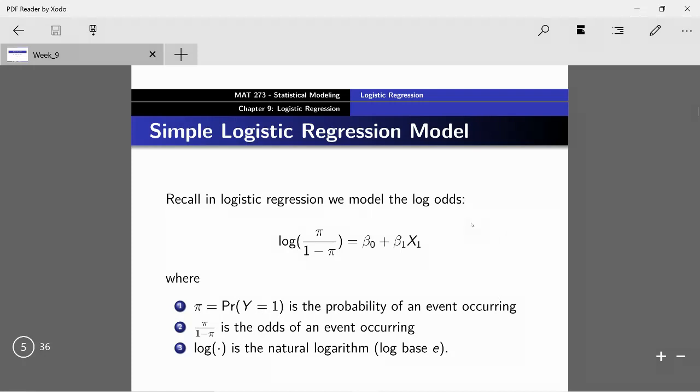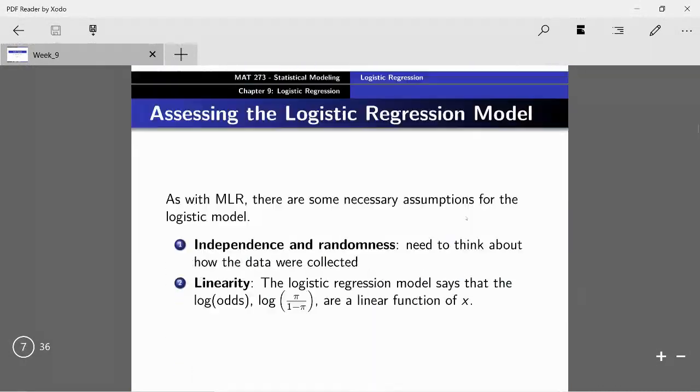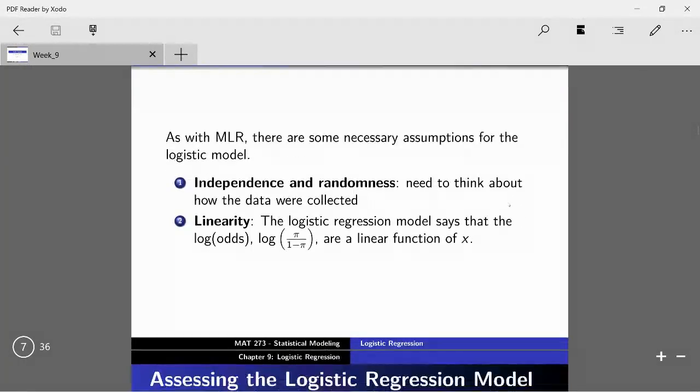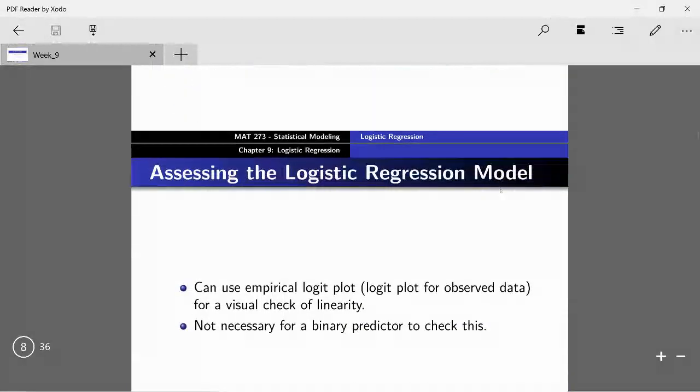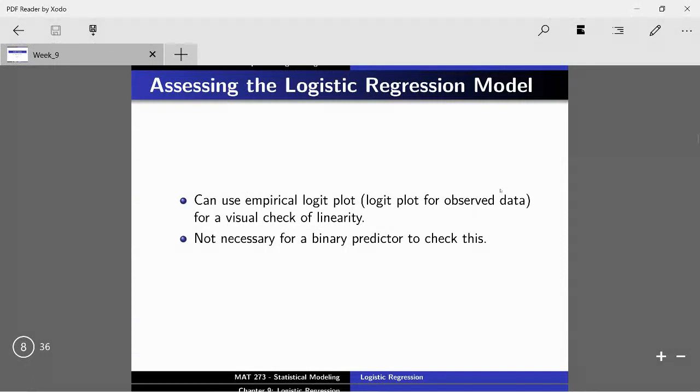So this seems like it'll be a little bit more difficult to check in practice, but there's still ways that we can check this using what's called empirical logit plots. Okay, and these are helpful to check. This isn't necessary to do if our predictor is a binary predictor.